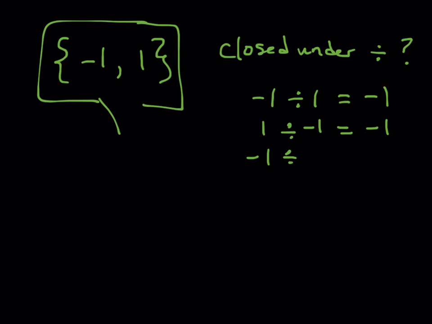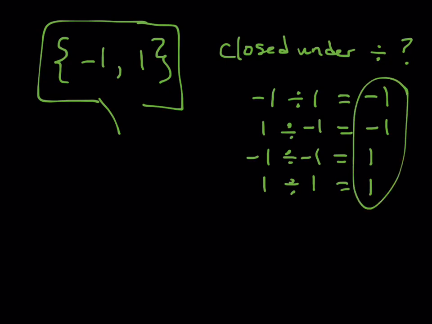And I could divide each of these numbers by itself. So -1 divided by -1, or 1 divided by 1. So notice in all four of these cases, the answers turned out to be in the set, and I've also checked all possible combinations of numbers in the set. So there are no other examples I could use as counterexamples. I've checked all of them. So this tells me that the set is closed under division.